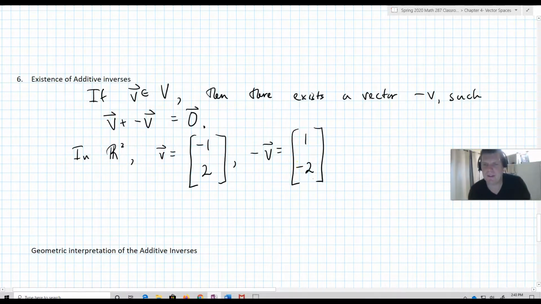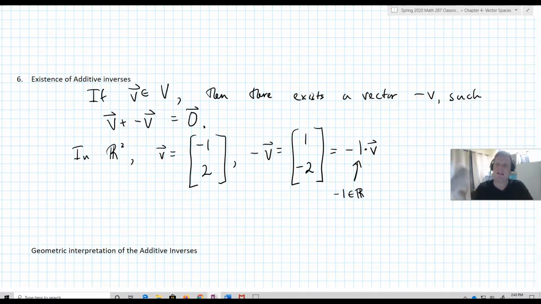For R2, it's simple to see that this is equal to negative 1 times V. Since negative 1 belongs to the reals, negative 1 times V also belongs to the space. So when we add a vector plus its additive inverse, it's going to end up equaling 0.